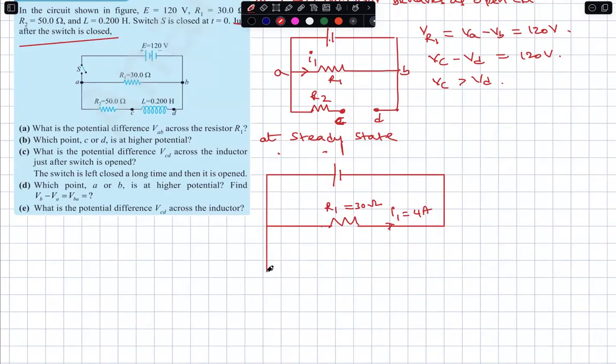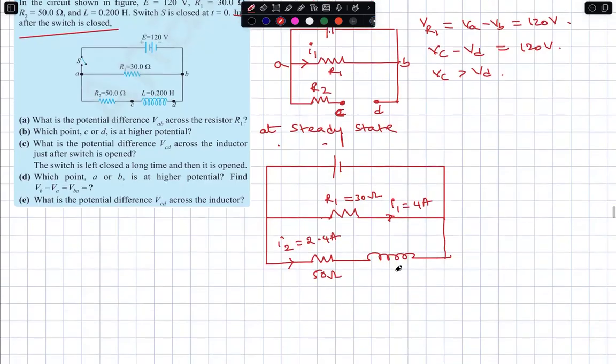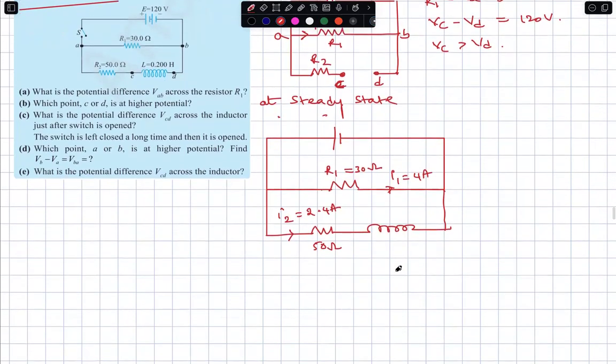Whereas in this, the inductor behaves like a conductor. For the purpose of identification only, I am drawing the inductor. Otherwise, the steady current will go through this 50 ohms, and the current will be 120 by 50, 240 by 100, 2.4 amps. This is the steady current condition. Now, please tell me, have you all followed the steady state condition?